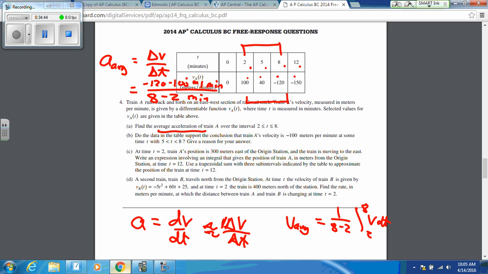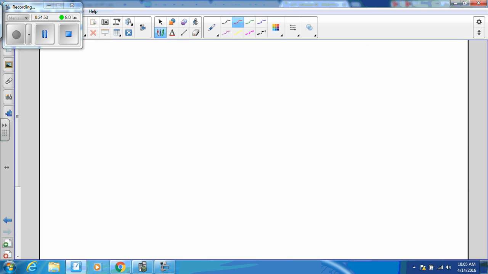And here's how they are connected to one another. Average rate of change and average value are actually connected in this way. If I compute the average acceleration as the average value of the acceleration, by adding up all of my accelerations and dividing by the width, now use the fundamental theorem, and what do you get?